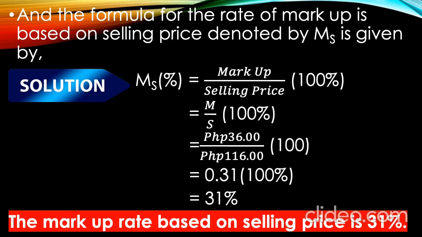M sub S is equal to markup over the selling price times 100%, or simply markup over S times 100%. Our markup is 36 pesos over the 116 pesos selling price times 100%. So that is 31 hundredths times 100%, which is equal to 31%. Therefore, our markup rate based on the selling price is 31%.